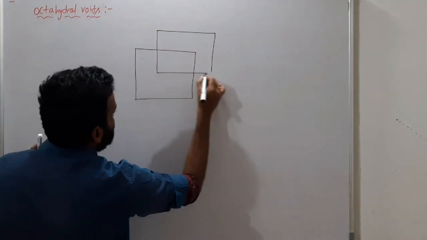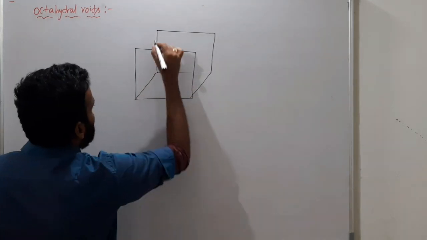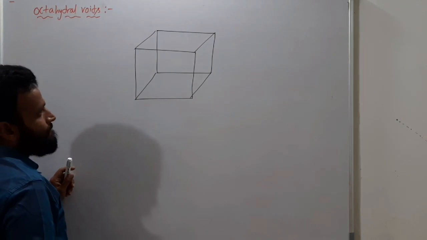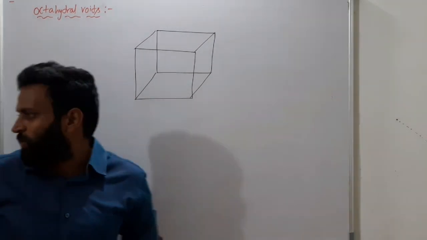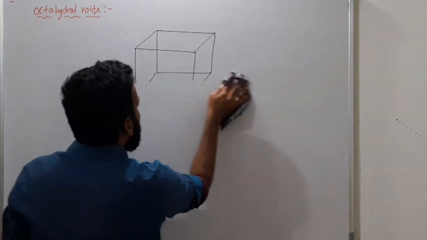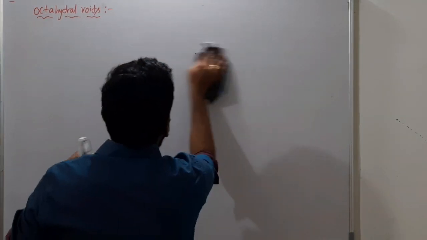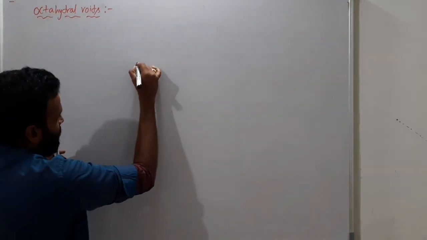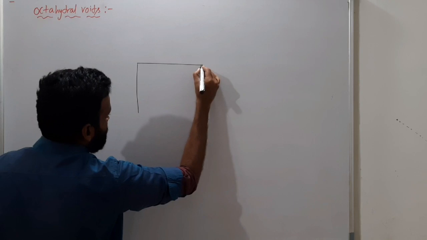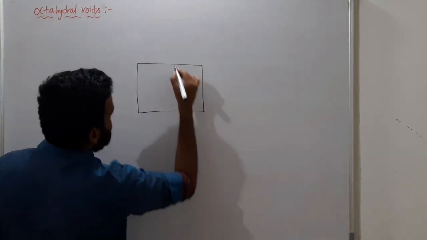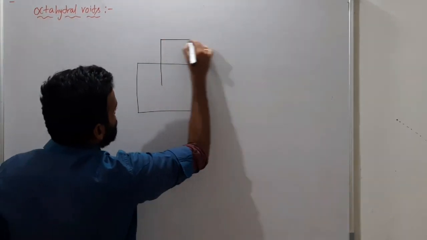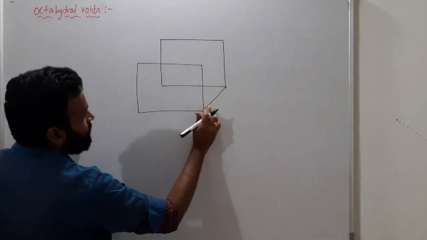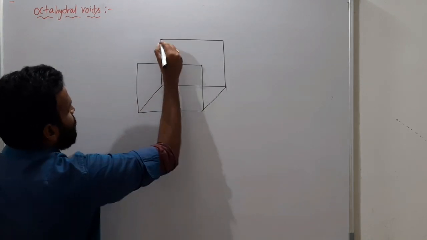Here you have, like this. It's not good. I'll draw one more time. So here I have a cube, first I am drawing.